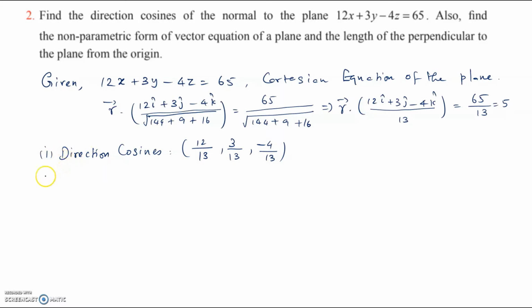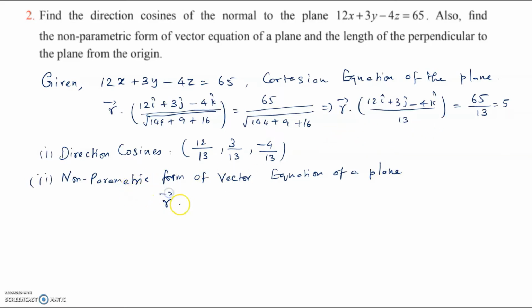Now the non-parametric form of vector equation of a plane, which is the second part, can be rewritten using this as r vector dot product with 12 i cap plus 3 j cap minus 4 k cap divided by 13 is equal to 5.